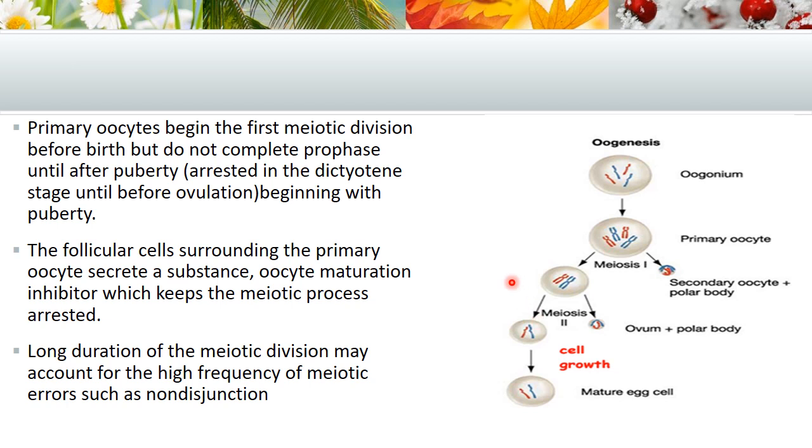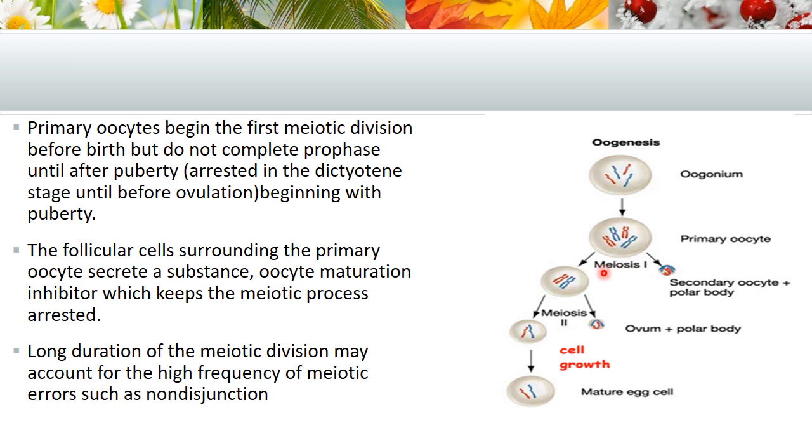Primary oocytes begin their first meiotic division before birth, but do not complete it. They are held in the diplotene stage of the prophase until puberty takes place.